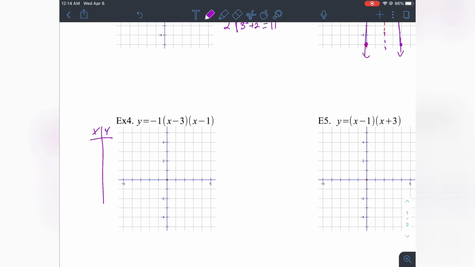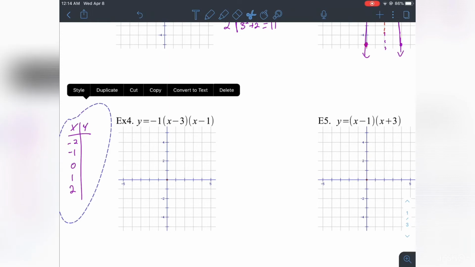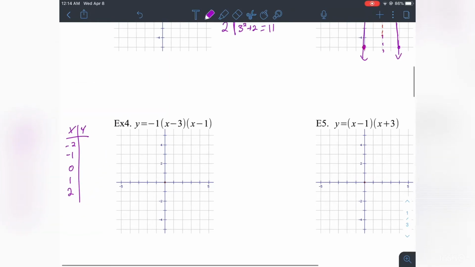All right. Let's plug in, what are my favorite numbers to plug in? -2, -1, 0, 1, and 2. I love those numbers. Okay. Now, -1 times, so I'm going to put -2 here and here. -2 minus 3 is -5, and -2 minus 1 is -3.